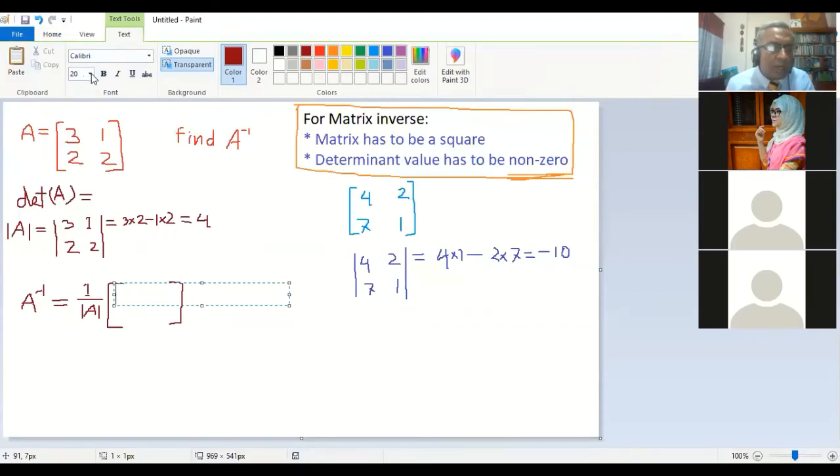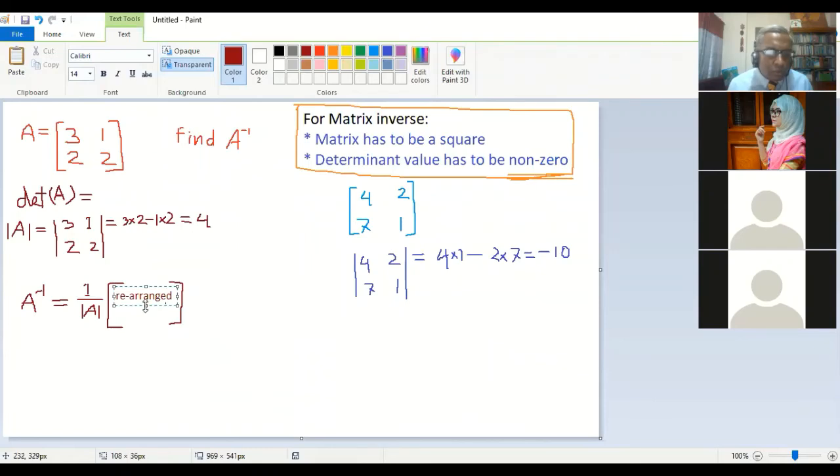So here I am writing, if you want to note it down, a rearranged 2 by 2 matrix. You will do the rearrangements in the 2 by 2 matrix here.